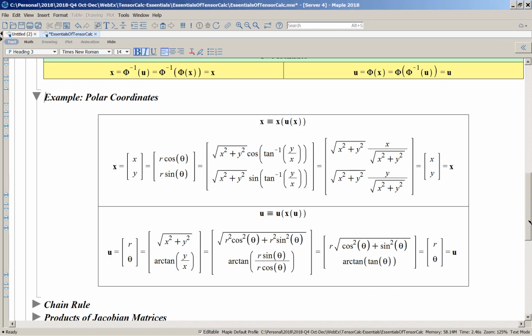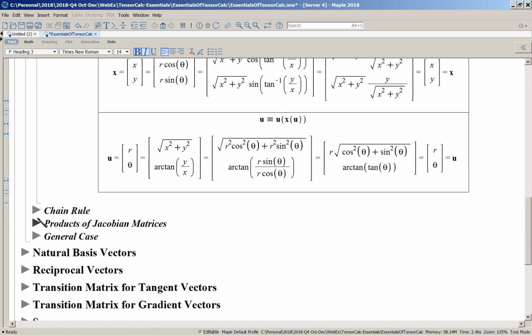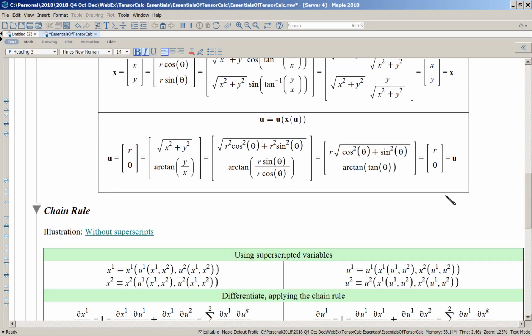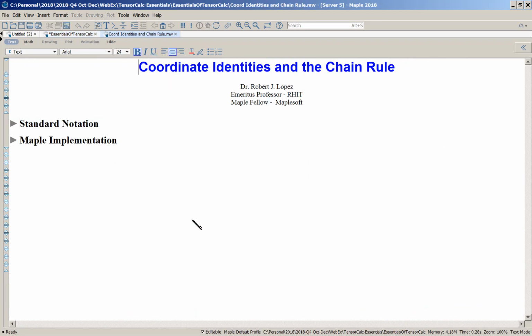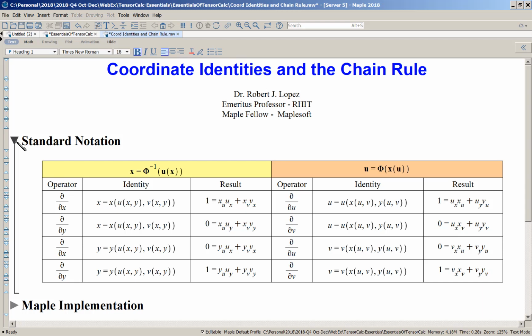Now to get to Jacobian matrices, you have derivatives in the Jacobian matrix. These derivatives are going to be taken by the chain rule. Here I'm going to do a calculation, and I'm not going to muck it up with superscripts, so I'll use just plain, simple notation. We have two sides to consider.